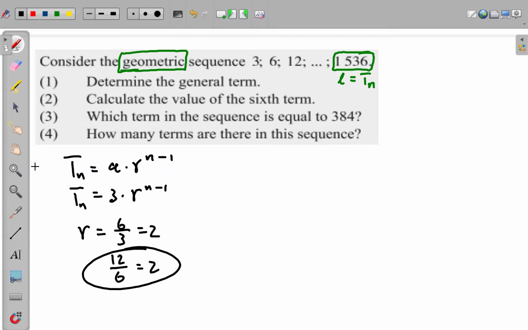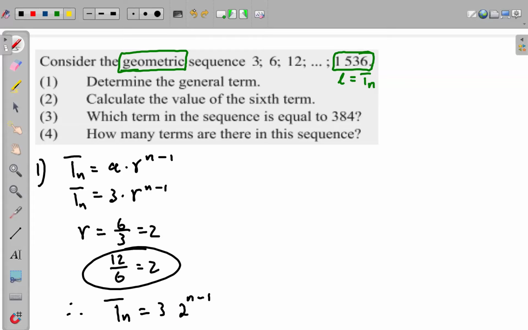Therefore, to close off question 1, the general term is as follows. It is 3 times 2 to the n minus 1. Now, I usually say sometimes brackets are not a big deal, but if you know you're going to make a mistake, and maybe the way you write the dot is very small such that you yourself cannot see the dot at times, then you rather be safe than sorry, please use brackets, because at least brackets you will be able to see.